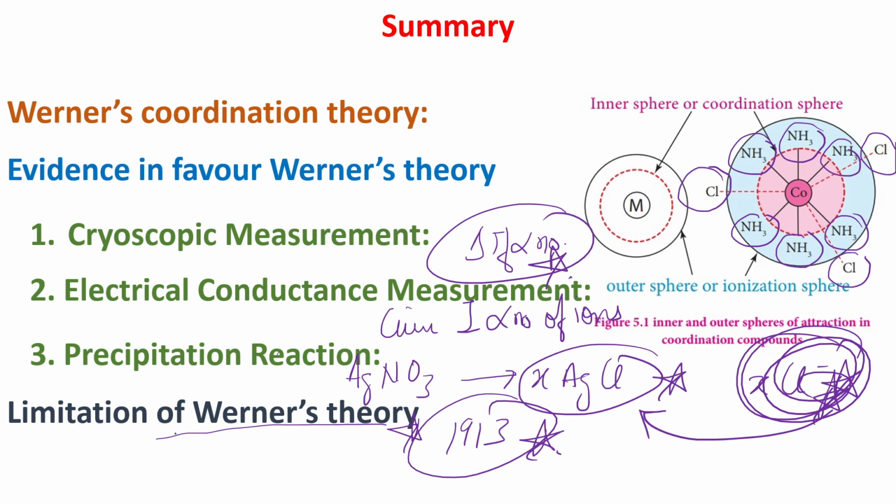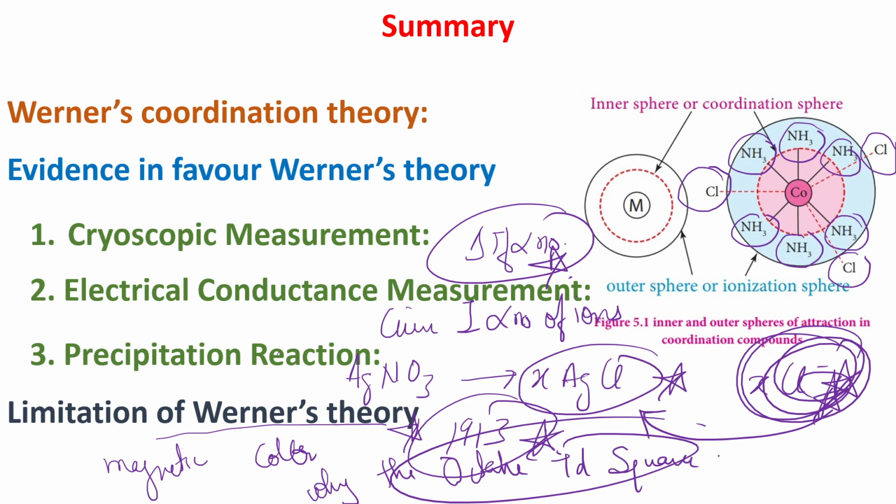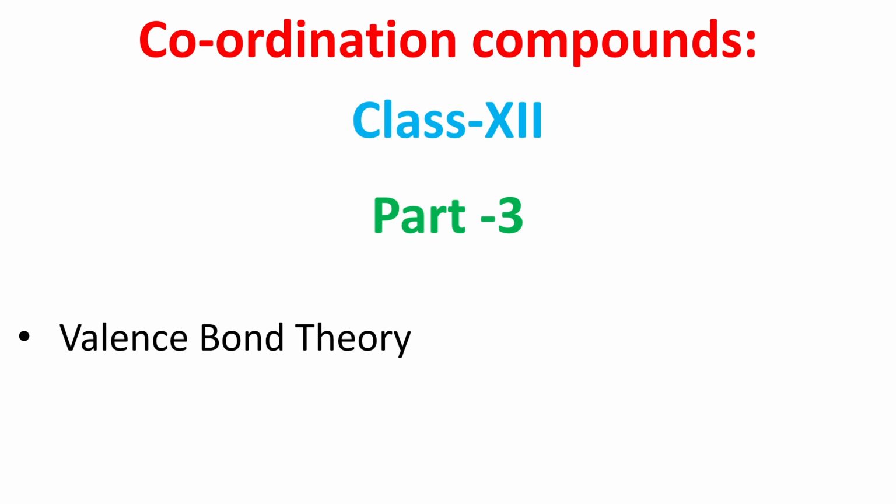This theory could not explain magnetic properties, color could not be explained, and why only the octahedral arrangement or tetrahedral arrangement or square planar arrangement is there. Why only these arrangements are there, he could not explain these points, so this was further explained by valence bond theory that we'll discuss further in part 3.